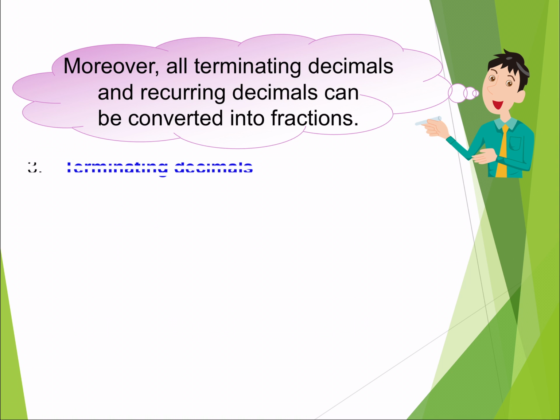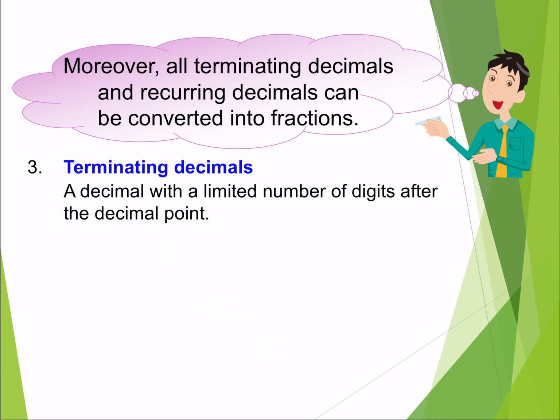Okay, and terminating decimals have a limited number of digits after the decimal point. So 0.6 is a rational number. You can write it as 6 over 10, that is 3 over 5.